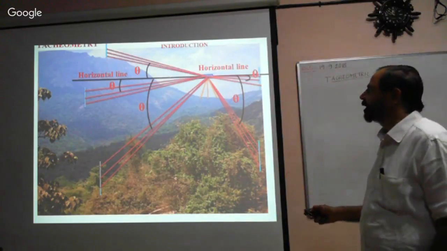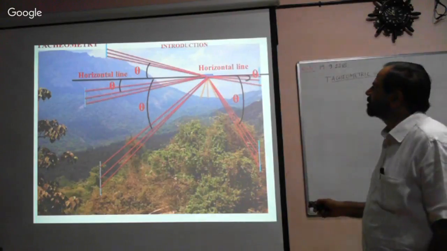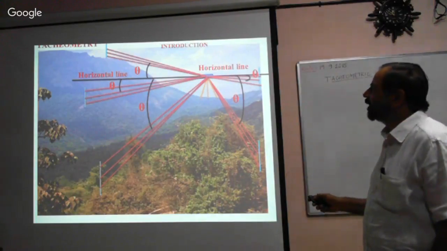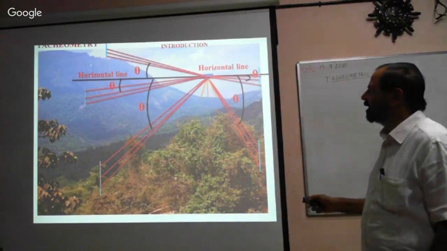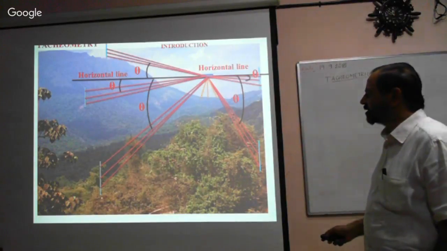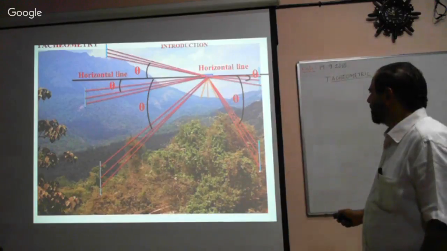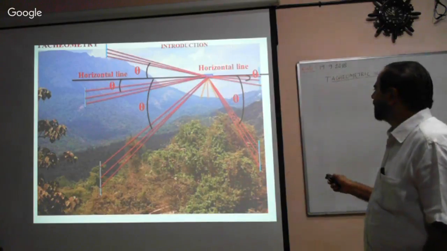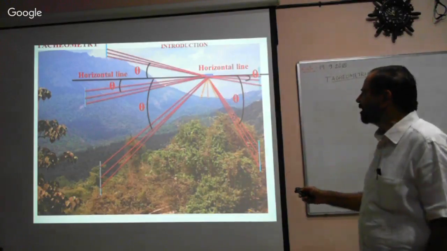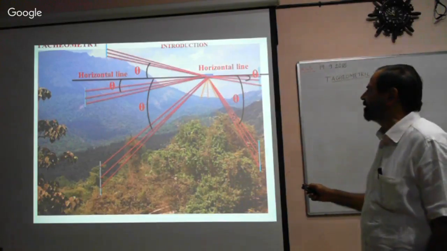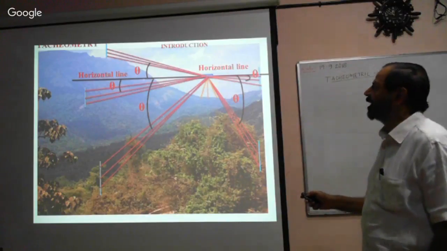From this tachometry, we can find out the elevation of the point, the elevation of the object, the elevation of the location, and any number of locations. We can calculate from one station, by measuring the vertical angles.